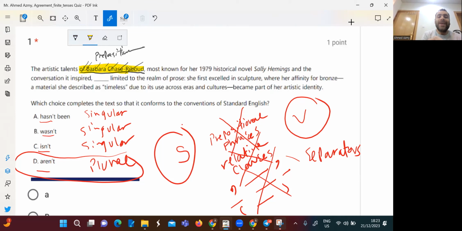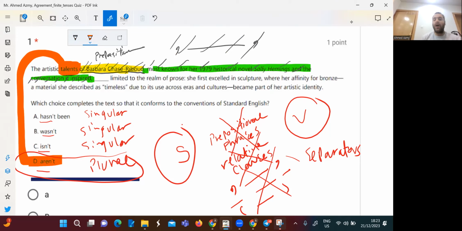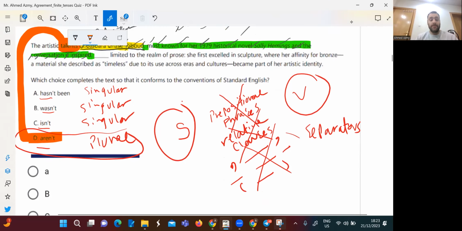It's a separator. We have another separator here, which is comma. So we have comma, interrupter, comma. So I need also to get rid of all of this. So it seems to me that the simple subject will be talents. Talents singular or plural? Plural. So talents are. Thank you. Next.